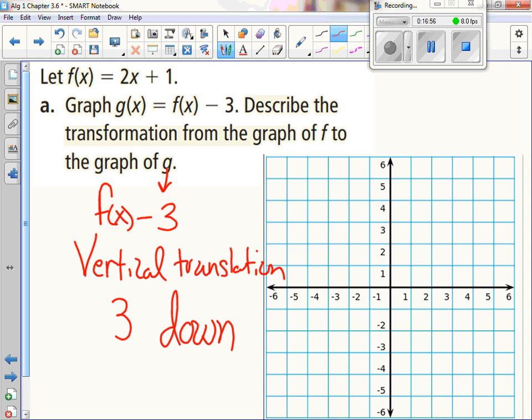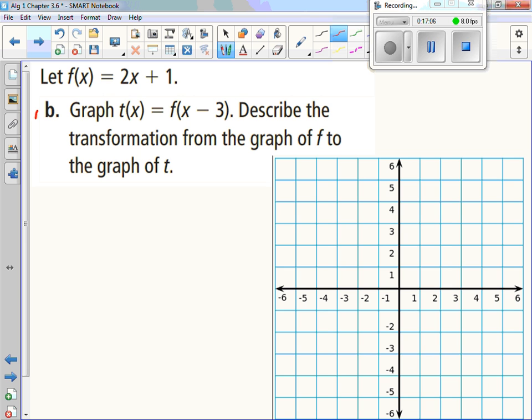Questions on any of this so far? Let's look at this next one here. Actually, none of the assignments require graphing.